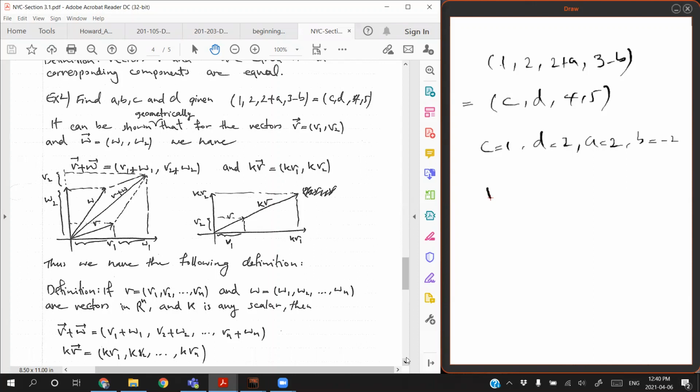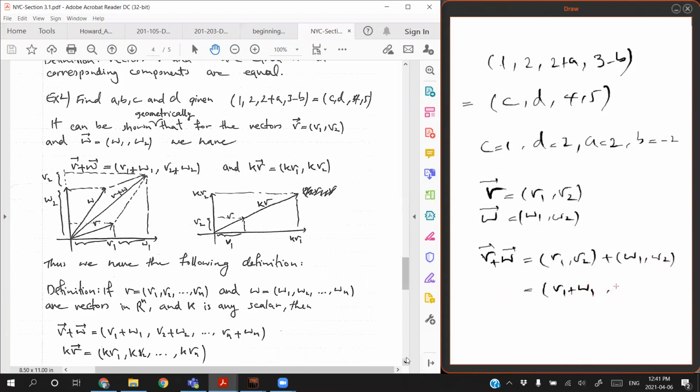If you have a vector v with components v1 and v2, and another vector w with components w1 and w2, then the vector v plus w, the sum of these two, is going to be (v1, v2) plus (w1, w2), which is simply v1 plus w1 and v2 plus w2. So you add up the corresponding components.